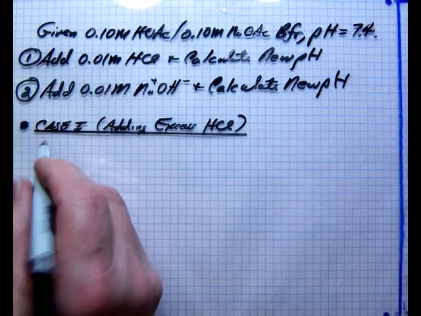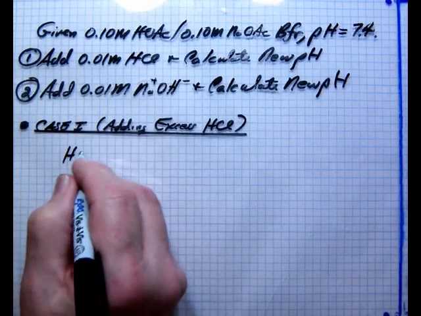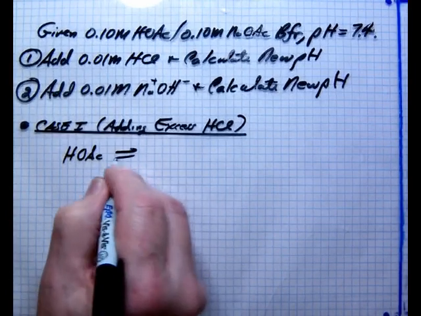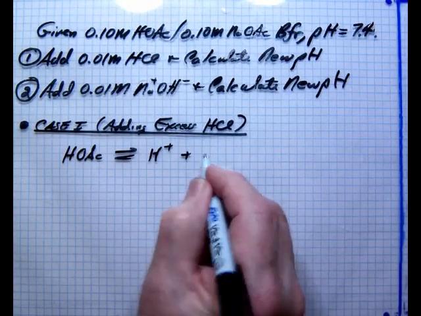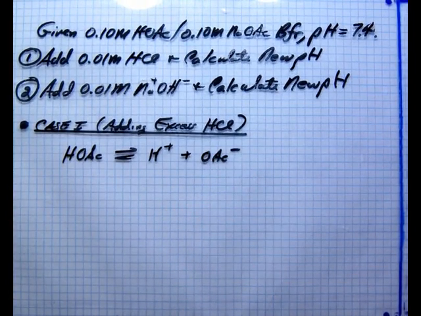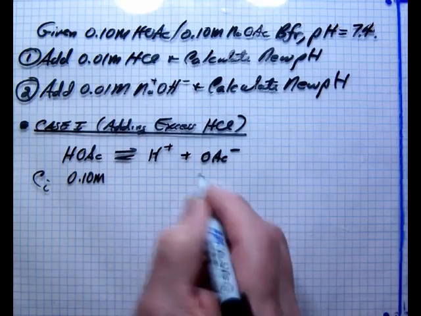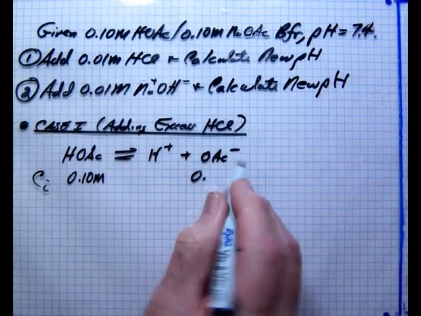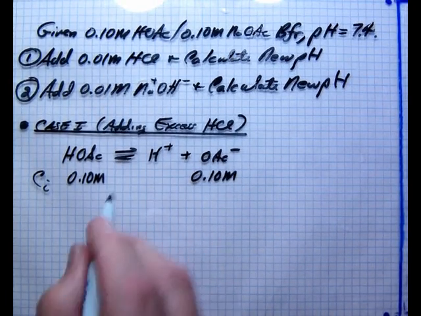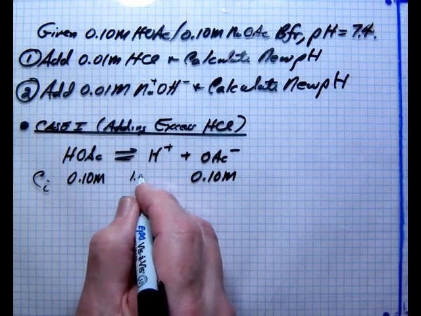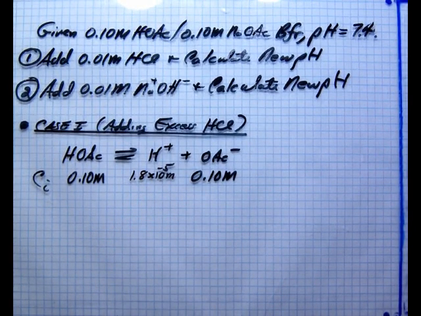we want to look at the equilibrium and how it changes. And I'll leave all the aqueous, it's going to be in water anyway. Okay, and initially we have a 0.10 molar acetic acid, and we have a 0.10 molar in salt or acetate ion, and 1.8 times 10 to the minus 5 molar in hydronium ion.